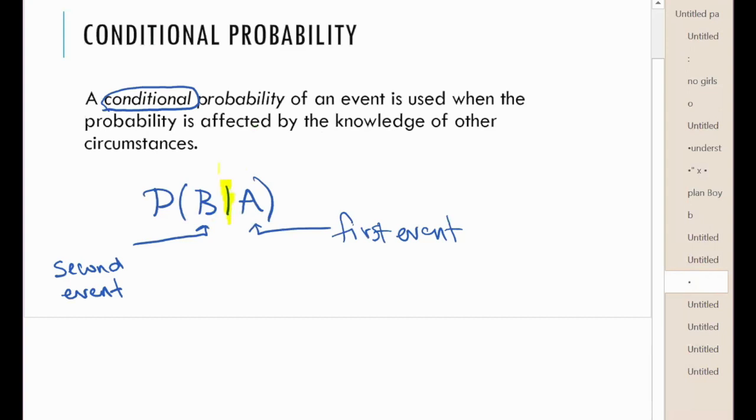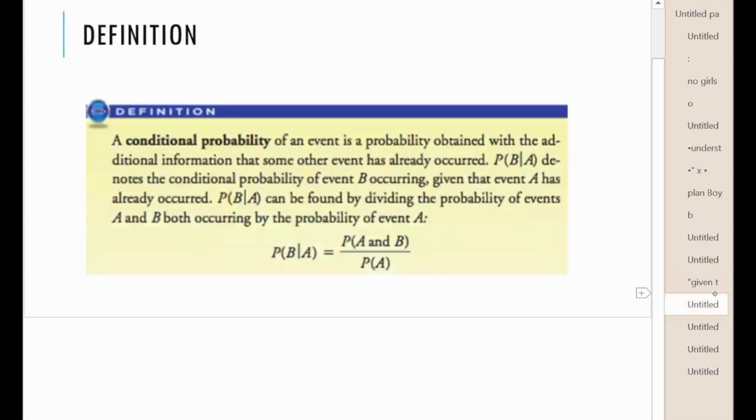When you have this vertical bar, that is implied to be a given that. So this right here, it represents given that. And it is really your key word to know we are going to be tackling conditional probabilities here.